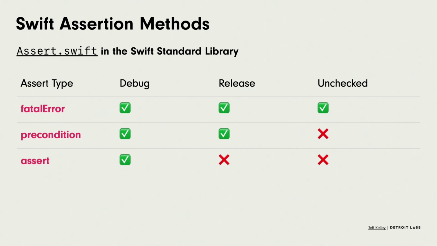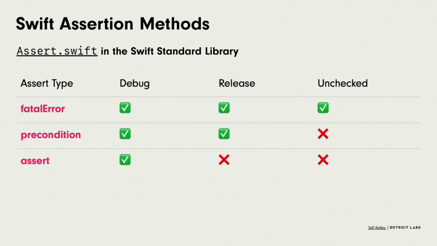And fatalError, no matter what, will crash. With precondition, you pass it some condition, and if that condition is false, for debug and release builds, it's going to crash. But if you're using the -Ounchecked optimization level, it's not going to, because you're saying to the compiler, don't check anything, it's going to be fine.